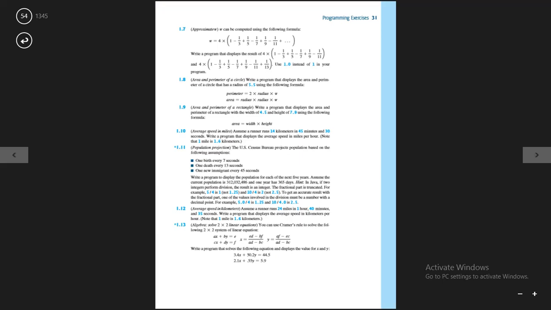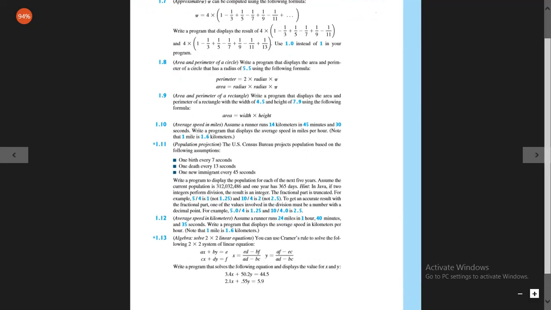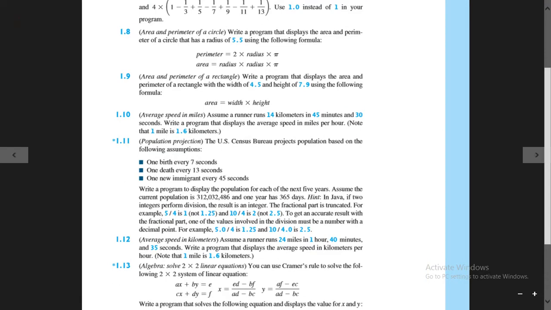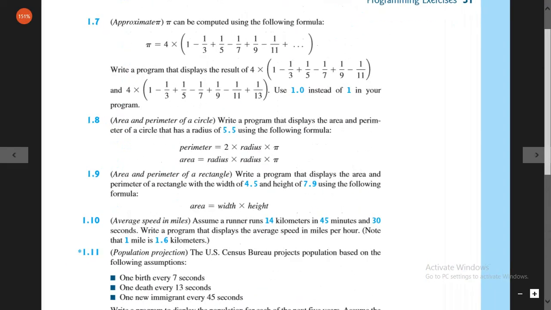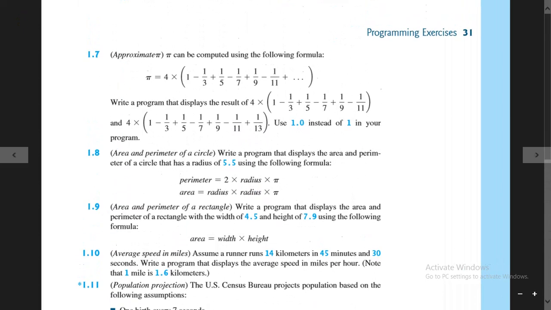Okay, so where is the question? Here's the question. It's actually exercise 1.7. What they're telling us to do is to approximate pi. So pi can be computed using the following formula.